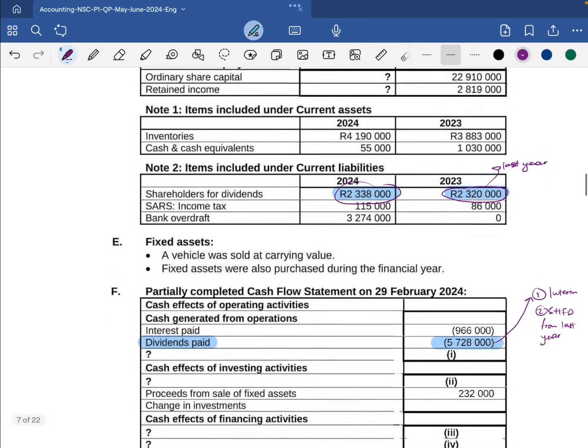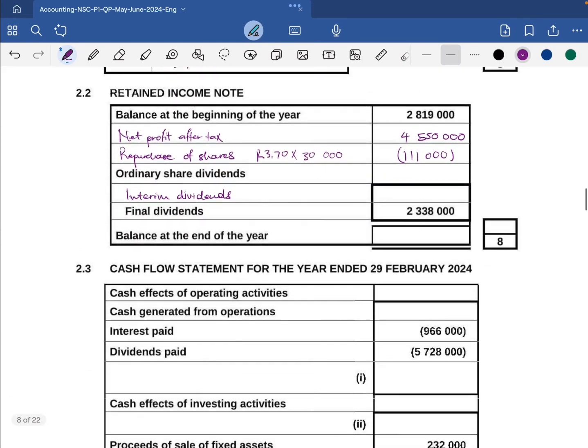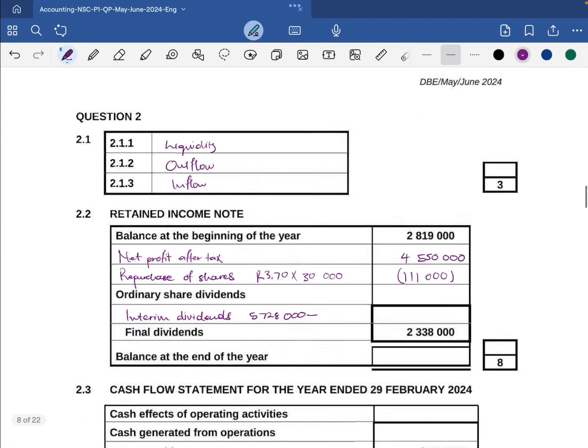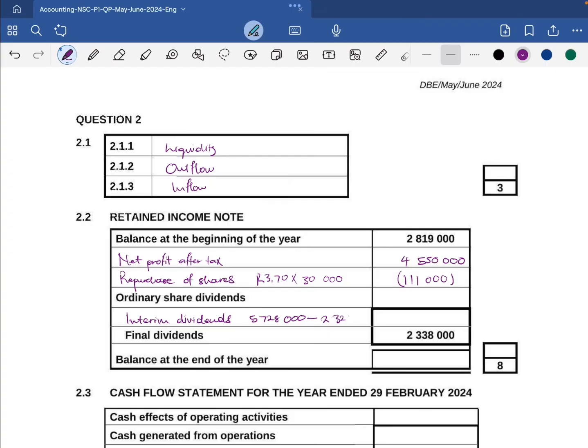Right? So now we can just simply take the 5,728,000 and then remove what was paid from last year, which is 2,320,000, and then we're going to be able to determine our interim dividends. So that's 5,728 minus 2,320, so then that's 3,408,000.